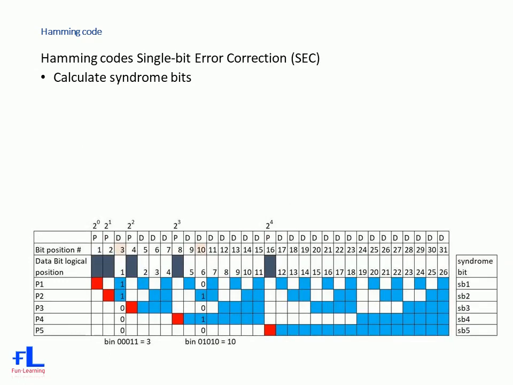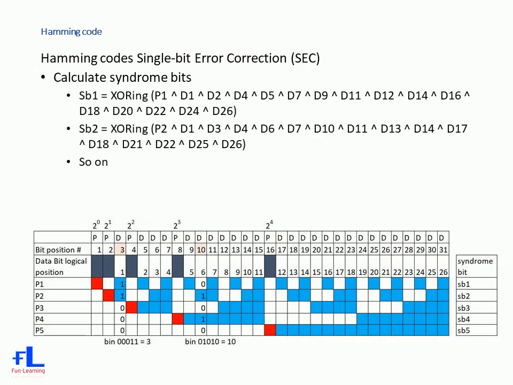Hamming codes are able to correct a single bit error. It calculates the syndrome bits. Syndrome bit 1 is XORing parity bit 1 with the data bits in the highlighted blue boxes: P1, D1, D2, D4, D5, etc., until D26.